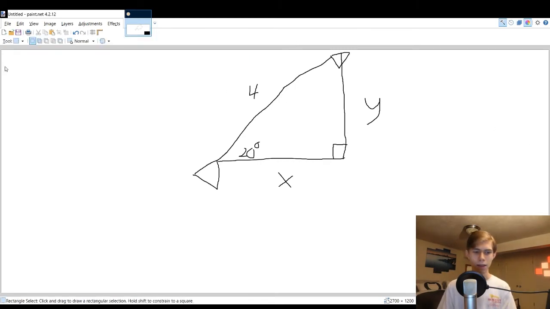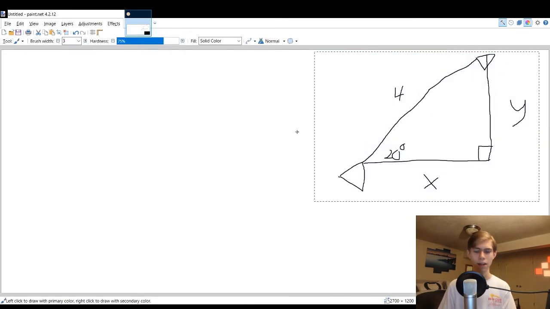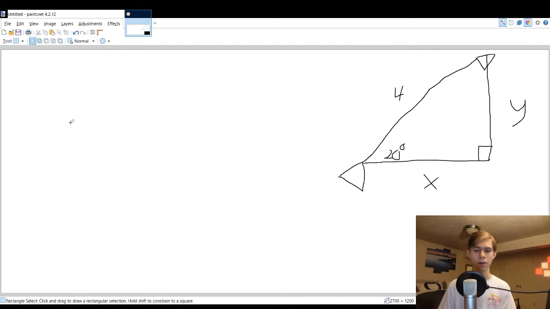So for now, I'm going to move this problem off to the side, and we're going to look at this in just a second. Next, I'm going to explain two functions that you can use to find use angles to find the length of sides, and those are sine, so this is the abbreviation for sine, and cosine.